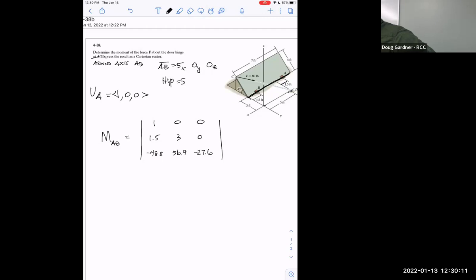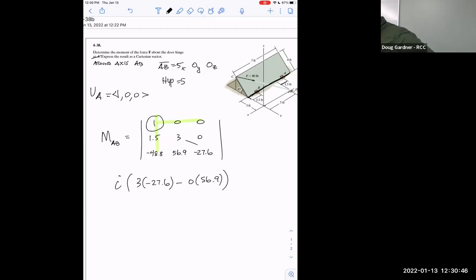So does it make sense when I cross out this row right here? That's kind of like my I. And so I'd have 3 times negative 27.6 minus, well, 0 times 56.9. And then the other ones are going to be, well, no, just this.